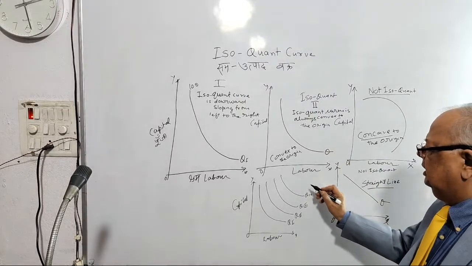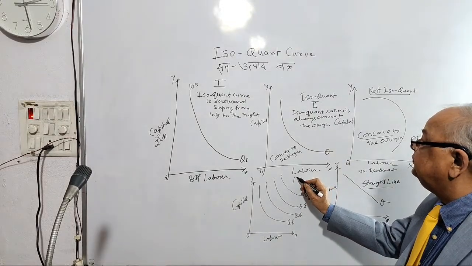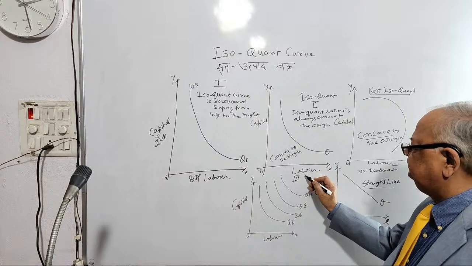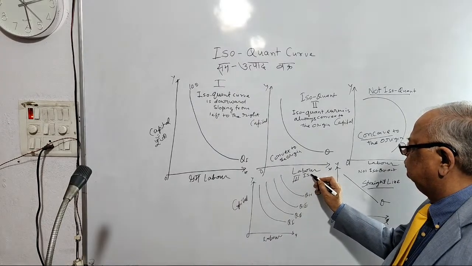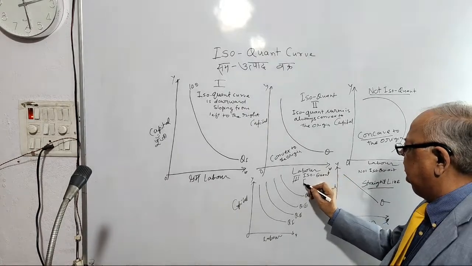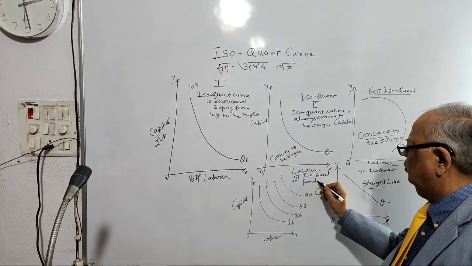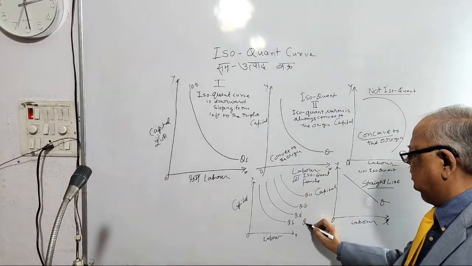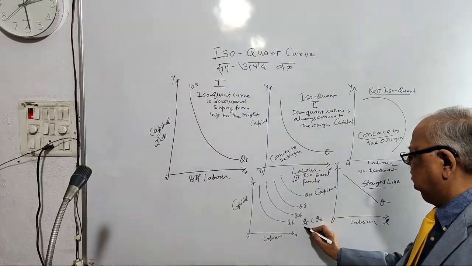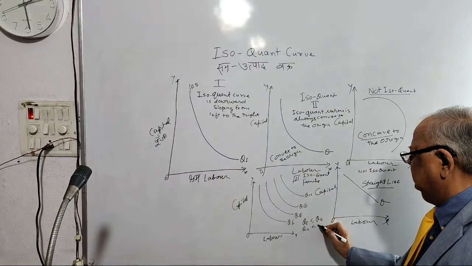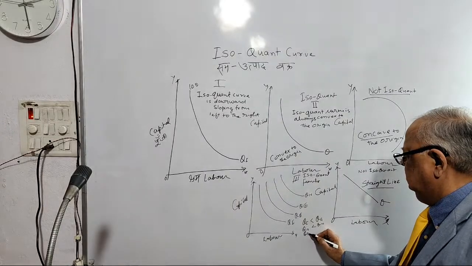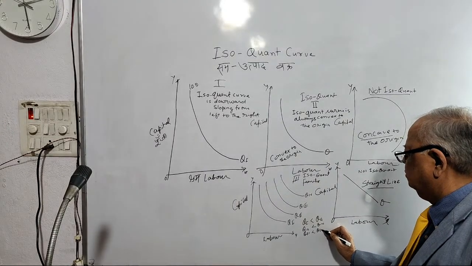Third, isoquants form a family. What does it mean? That Q first is less than Q second, Q second is less than Q third, Q third is less than Q fourth.